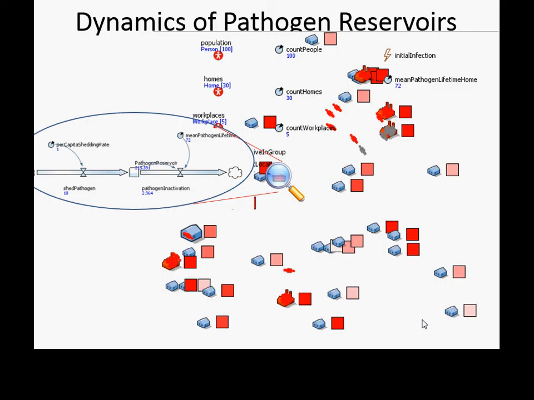There's dynamics associated with those surfaces in terms of die-off of MRSA. There's cleaning events, and individuals also have their internal dynamics with respect to infection. They can get infected from surfaces as well as from each other. Alternatively, you may get shedding going on within different contexts that are associated with pathogen reservoirs at certain locations.